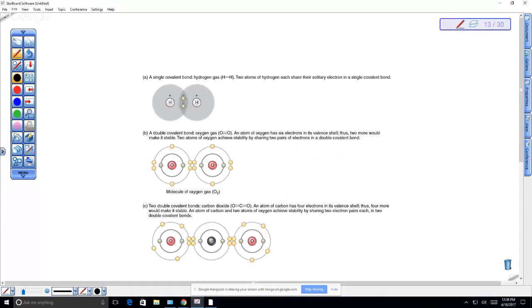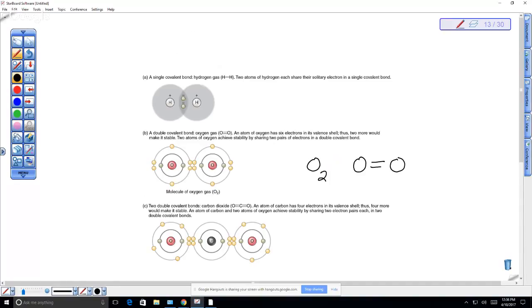So if you counted 2 more, there should be 8, right? But there's only 6 in the outer one. Okay, so this is what is referred to as oxygen gas, right? So this would be another way to write it.